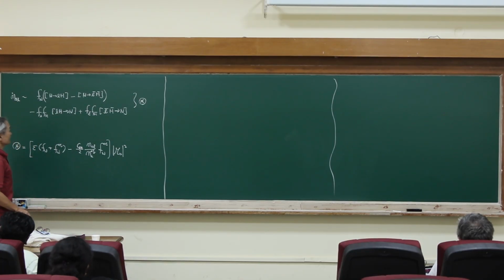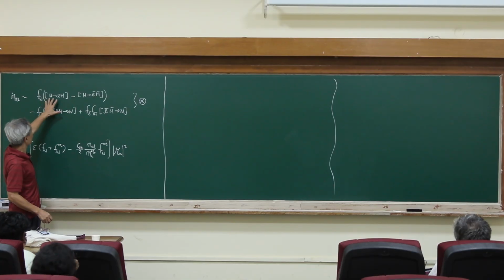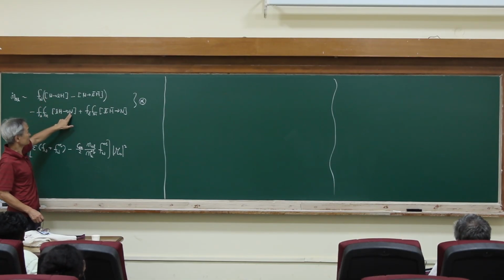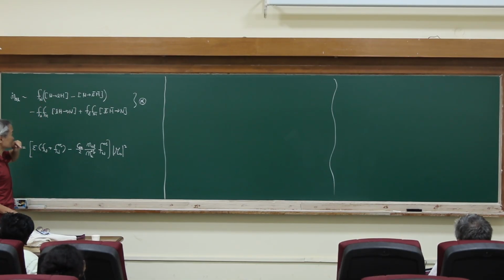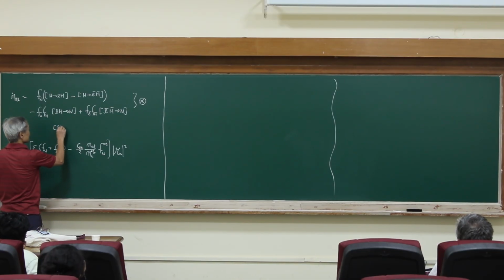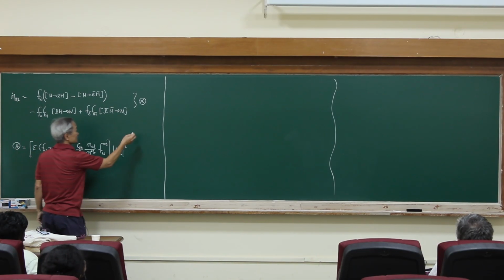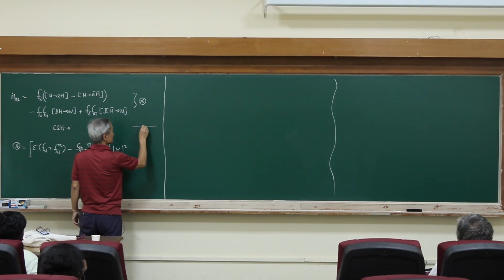So now you are considering the N decay and then N production, but the thing is that there is the process made by N.